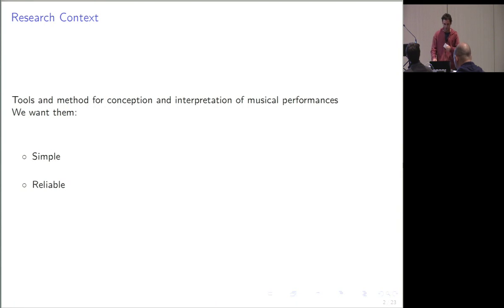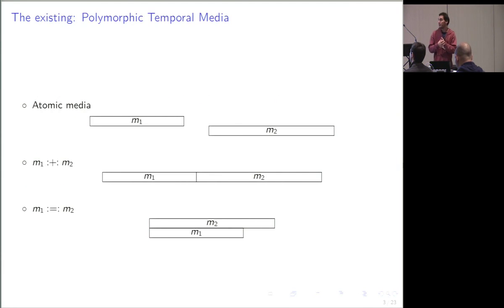And because we are computer scientists, we want them to be reliable. So we need to formalize properly the things that we manipulate. In this field, we already have some models such as Polydax, polymorphic temporal media, that are implemented in TRP.